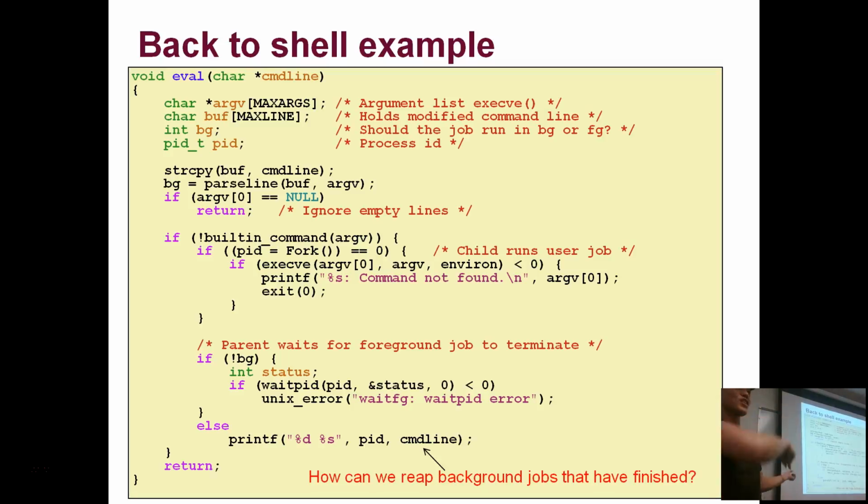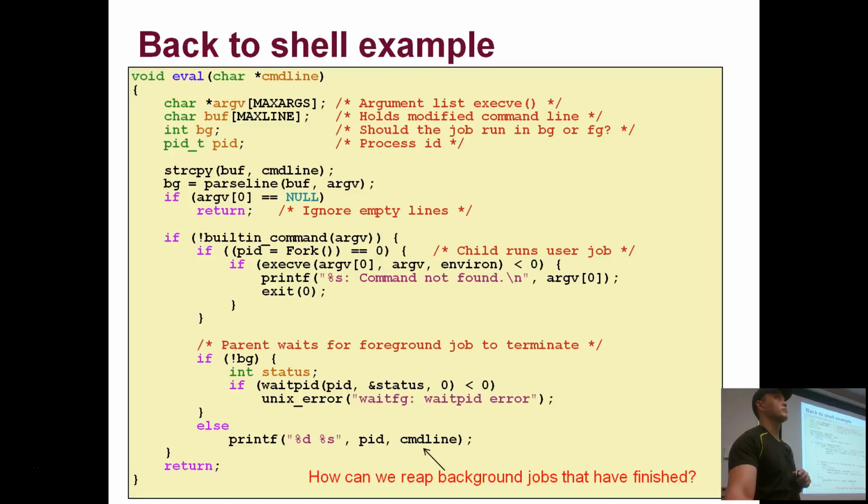Okay, so let's go back to the shell example because we want to use signals to fix this thing. How are we going to reap a background job here that has finished? What do you suggest that we do? Have an event handler for when you get a kill on a wait process.